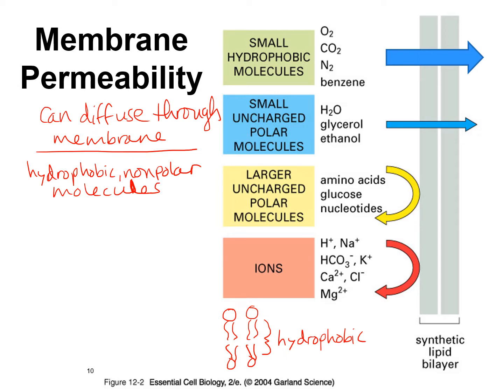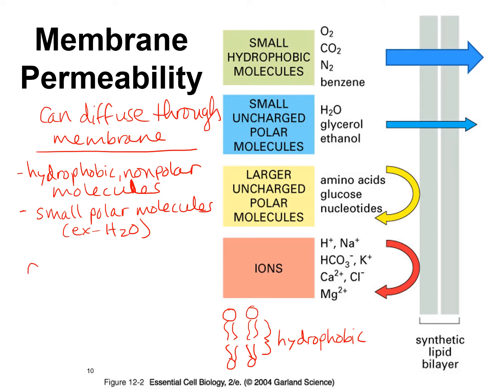They're going to be able to just diffuse right through the membrane. And then the exception to this rule would be small polar molecules, which the example there would be water. The reason water can diffuse through the membrane is that as the phospholipids are moving, they create little gaps between them, and the water can sneak through.